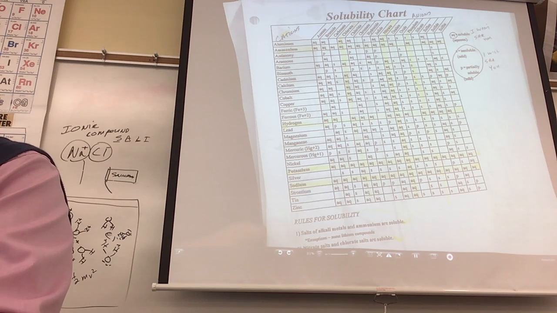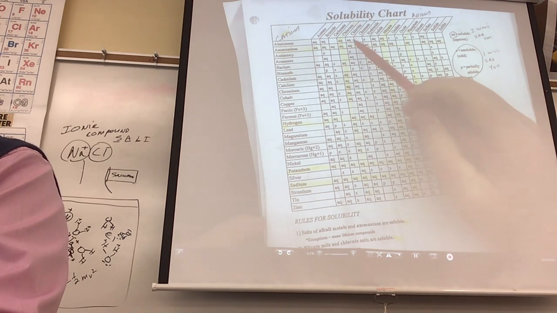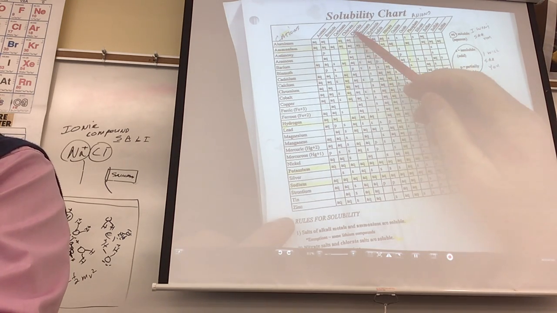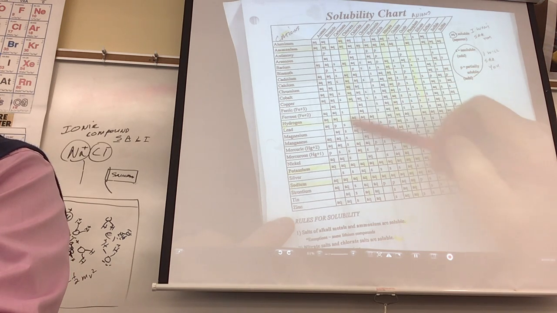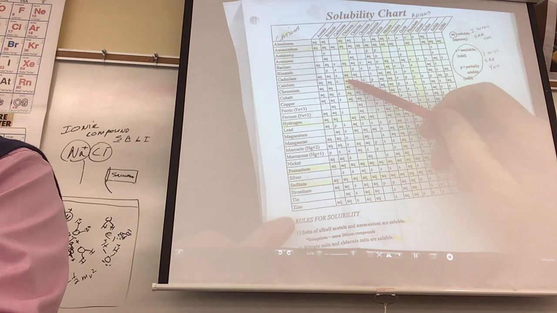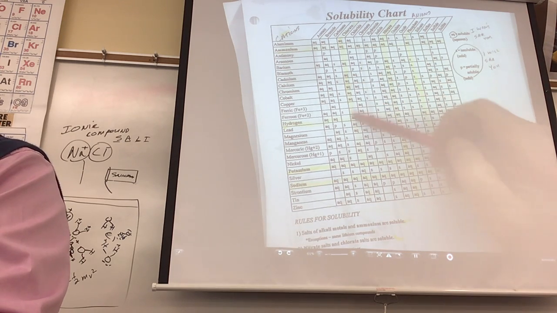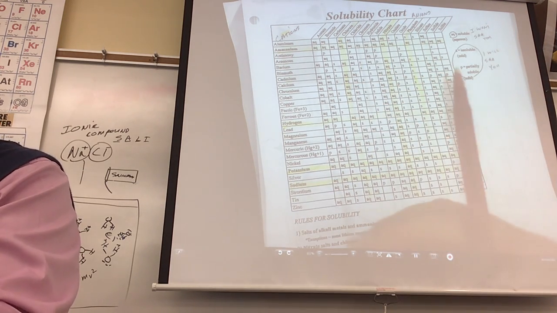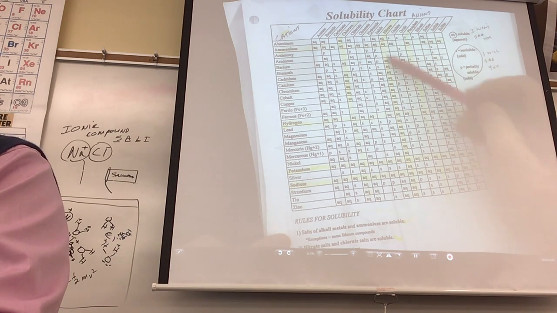Now, one thing you told me was that all chlorates were soluble. AQ means they would dissolve in water, wouldn't they? And then they'd all be electrolytes too, because the ions would come apart. You told me all nitrates were soluble, right?